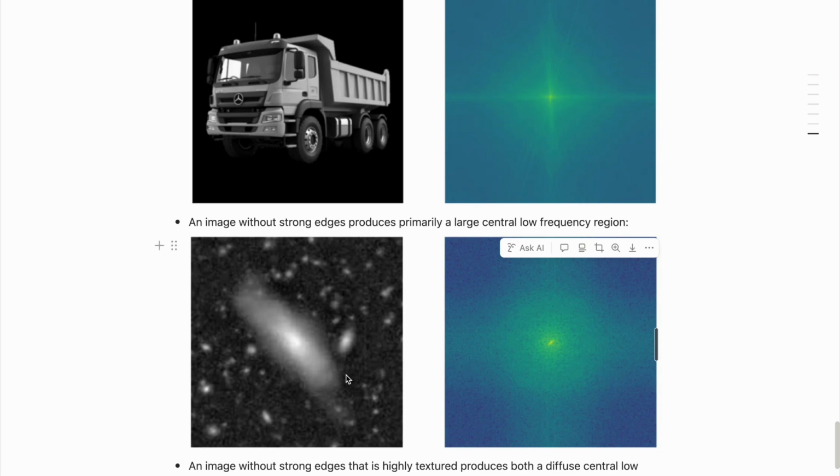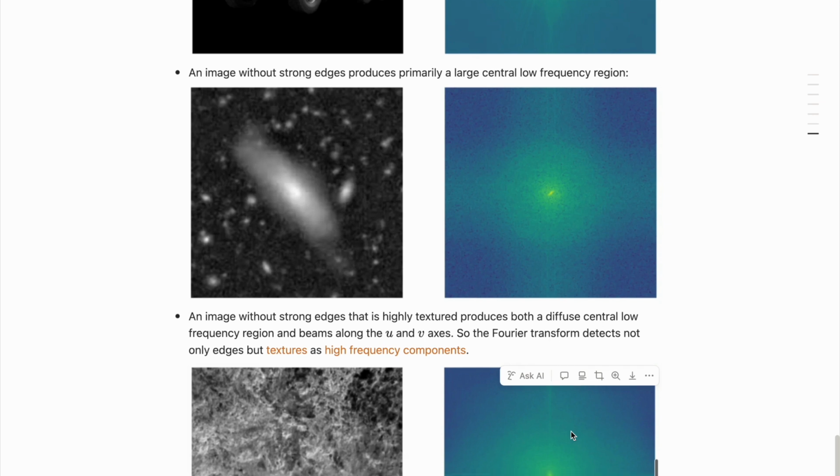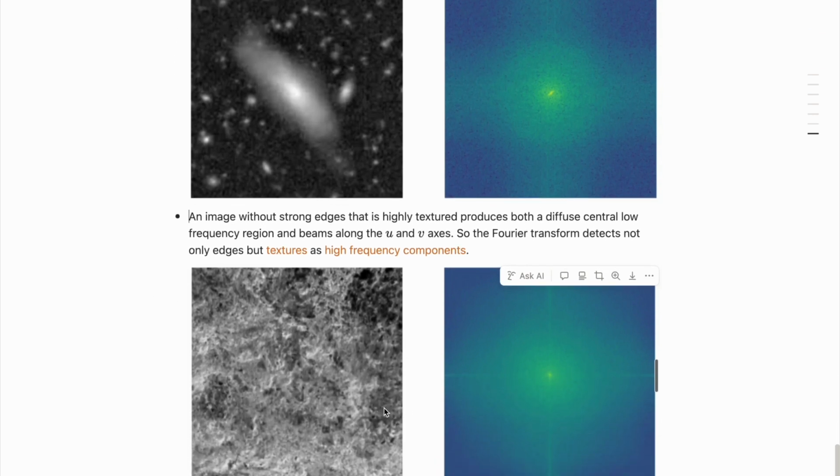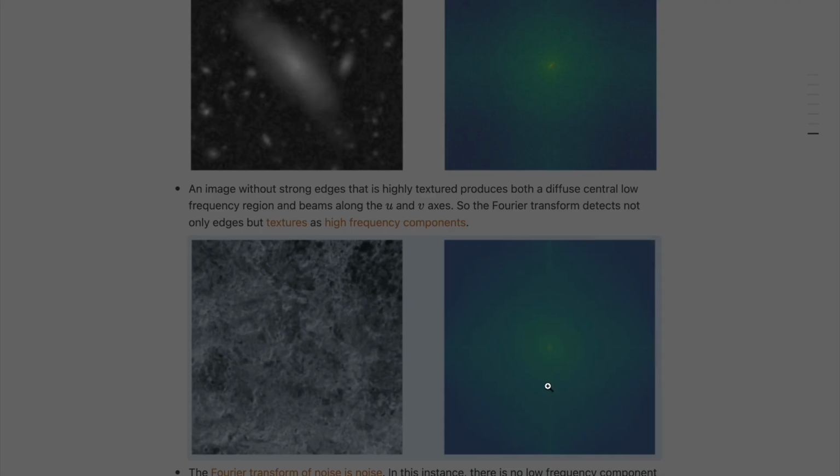If you have an image that doesn't have very strong edges, then you end up with a uniform blob of bright pixels around the DC component without any streaking. If you have a picture that doesn't have very bright or well-defined edges but has a lot of texture, you get both.